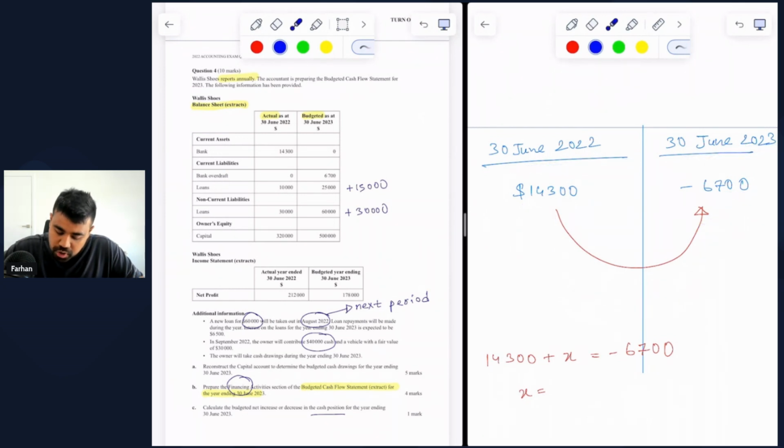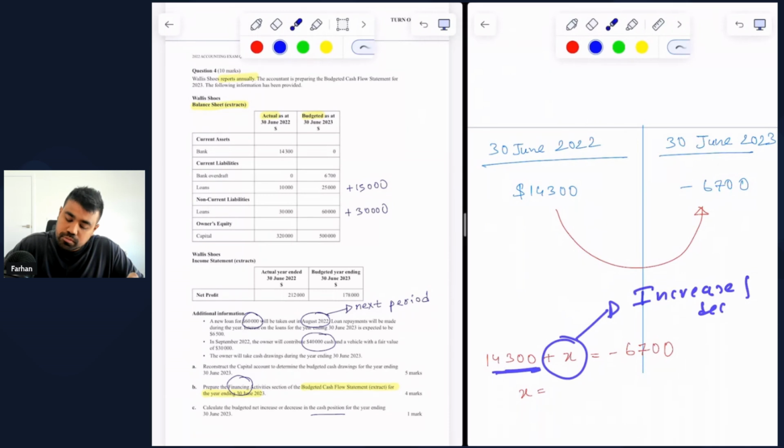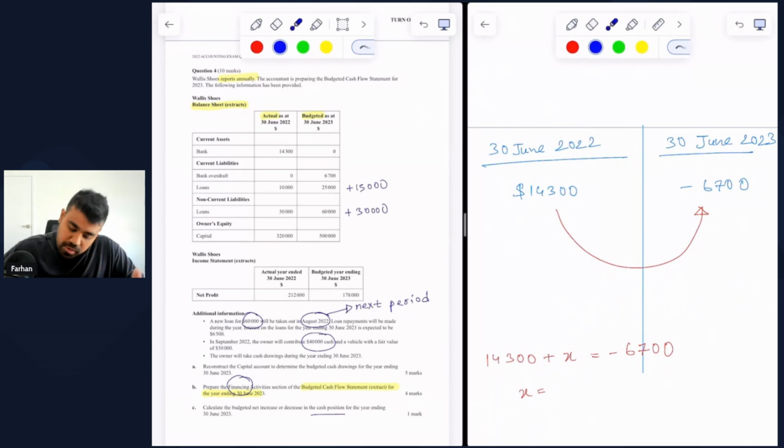We start with 14,300 today, and we add x. The x here refers to an increase or a decrease in cash position. And that gives us minus 6,700 as the balance that we expect to have at the end of the next year.